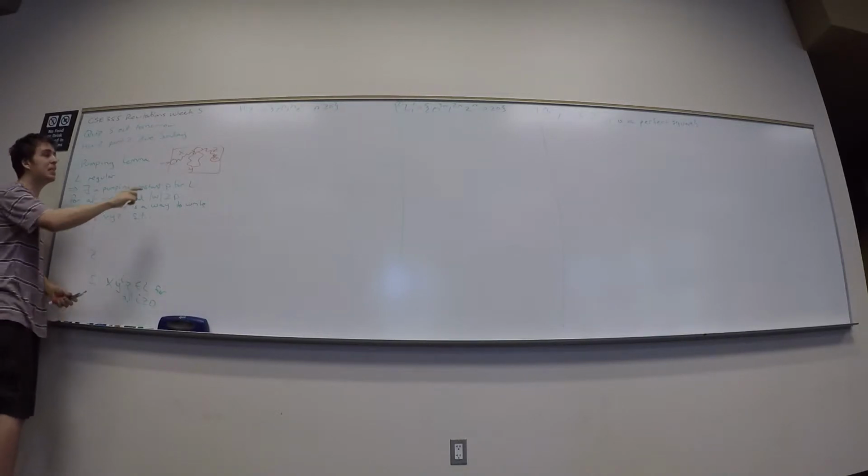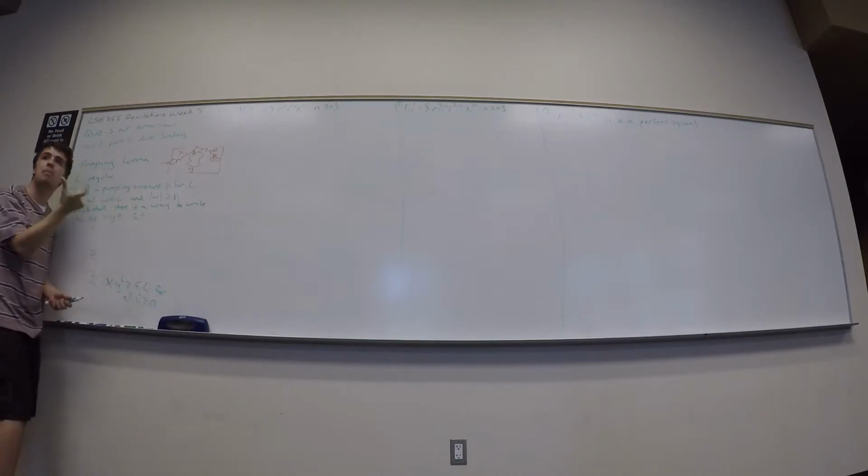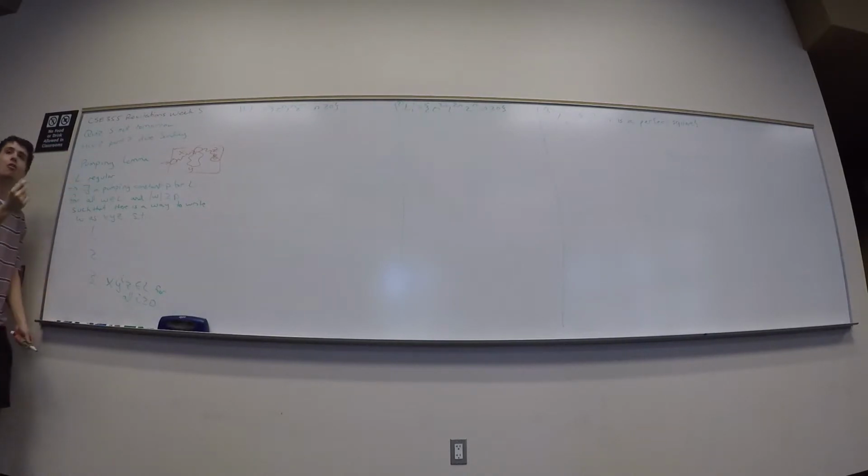Yes, because if I have a string of length exactly the number of states, how many states will I see in the computation? The number of states plus 1. So that must mean I see a state twice. So if I have a string of length exactly p, then that Y part better be within the first p characters, right? Because that's the repetition part.